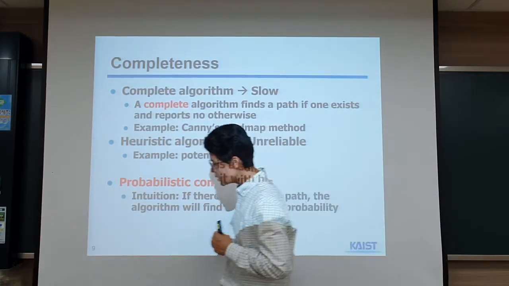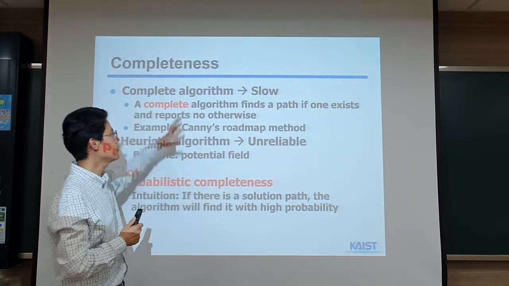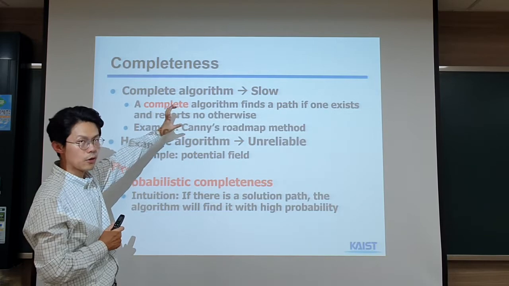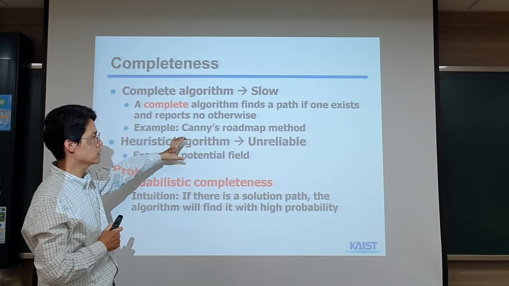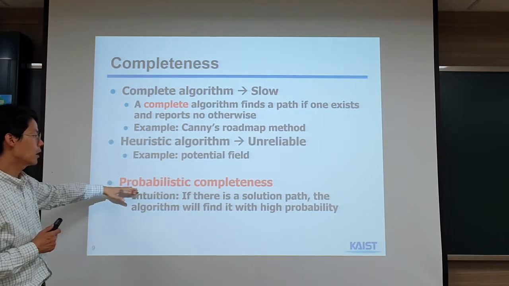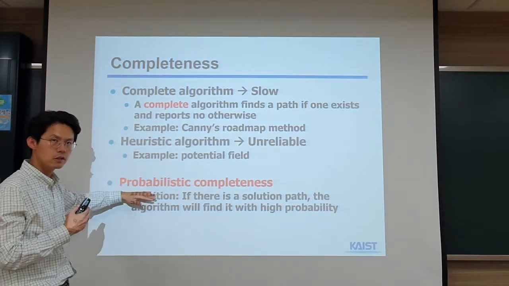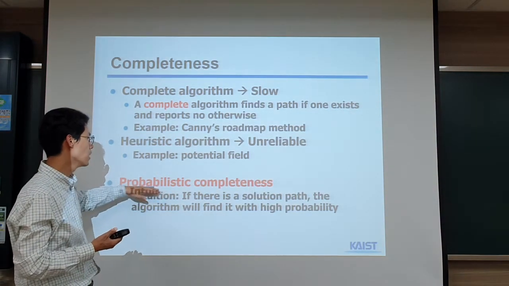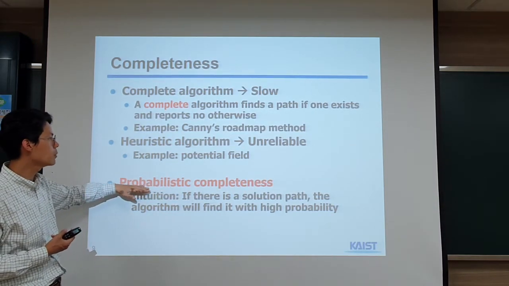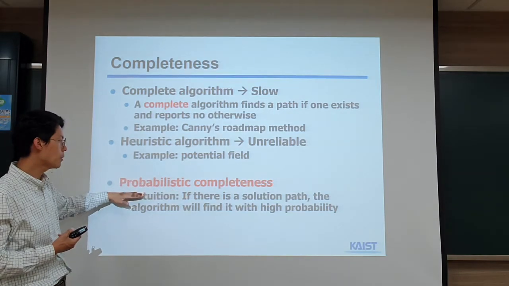Given this trade-off between the completeness and accuracy of the computed path and fast running performance, another alternative technique arises naturally. That is a technique with the probabilistic completeness property.